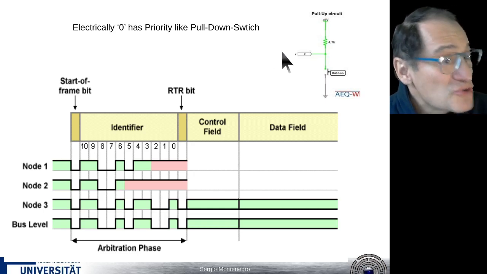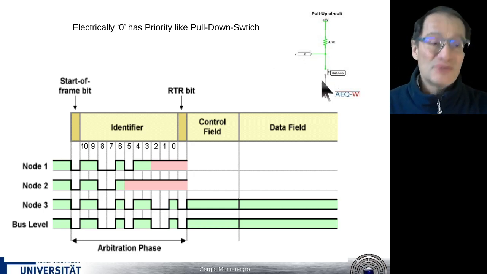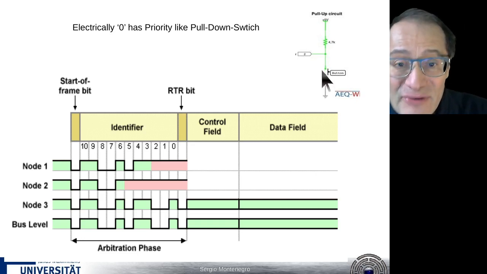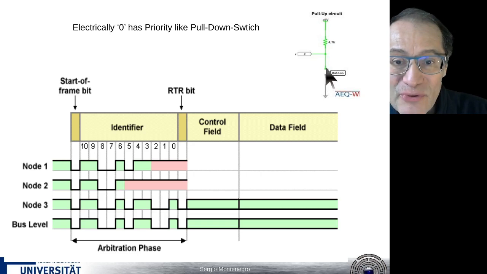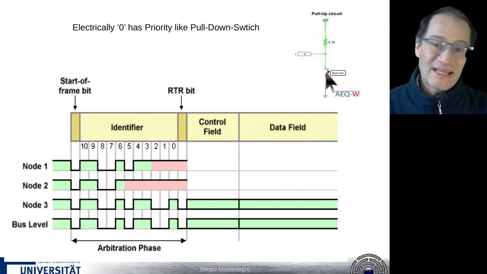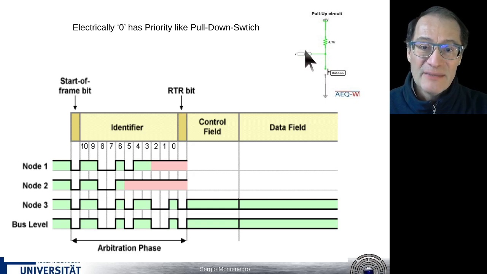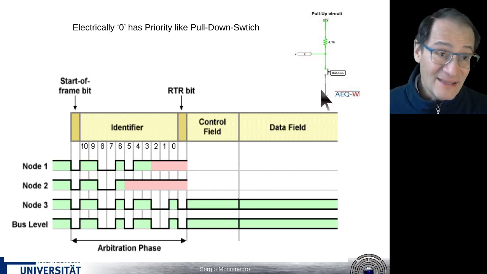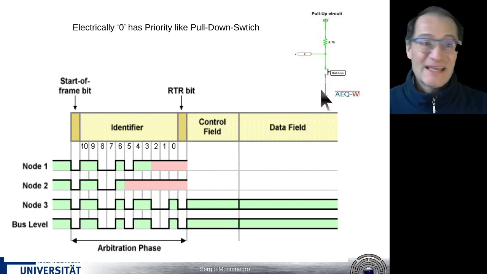A pull-down switch looks like this. You can send only zeros. You cannot send a 1. If you send a 0, then you close this switch. This is actually not a switch, it's a transistor. And then you connect the bus to ground. And a bus at ground is detected as a 0.